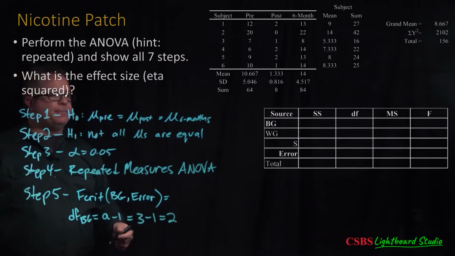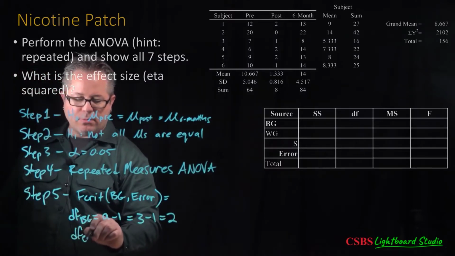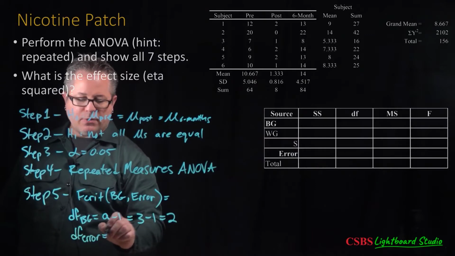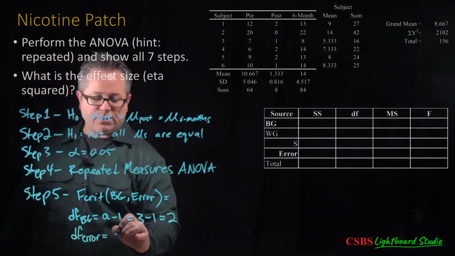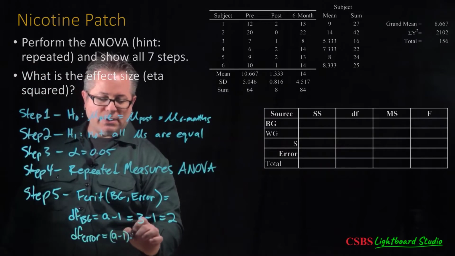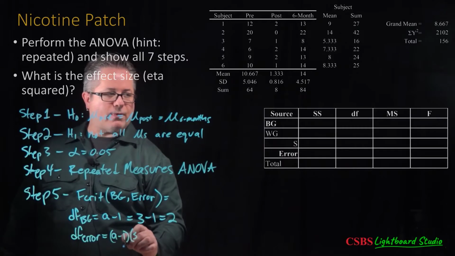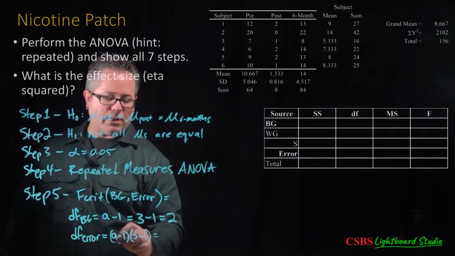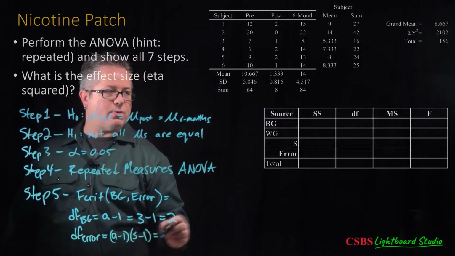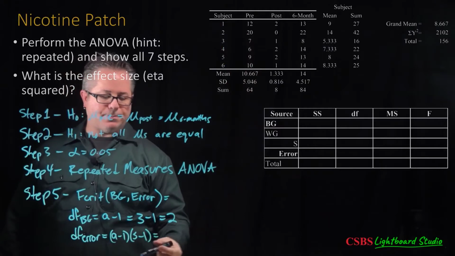For degrees of freedom for error, it's going to be the degrees of freedom between groups, so the same A minus 1, times the number of subjects, not scores, but number of actual individual subjects, minus 1. So it's going to be A minus 1 times S minus 1, where S is the number of subjects. So we have 6 subjects.